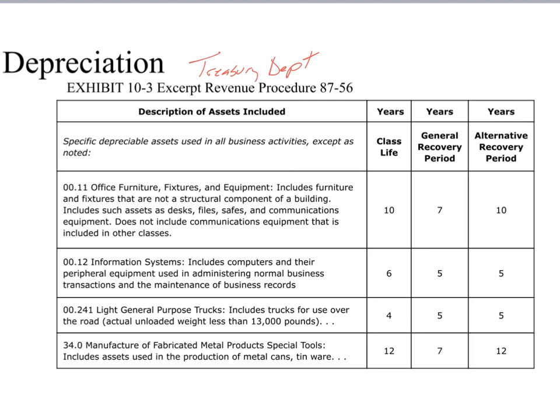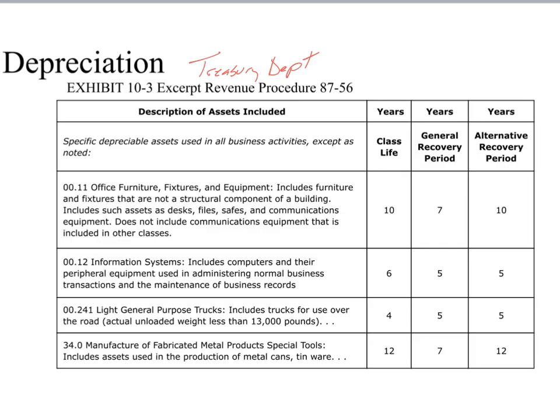This is a good general view of recovery period. Now, these are just some of the most common assets that you might have. Note, fishing boat is not listed in this little snapshot. So you're going to have to go out and find fishing boat, but that's not terrible. And make sure when you're looking at fishing boats, it's not a commercial fishing boat. You know, this is not the Deadliest Catch. So if you have questions, feel free to contact me or we can talk on Zoom as well.